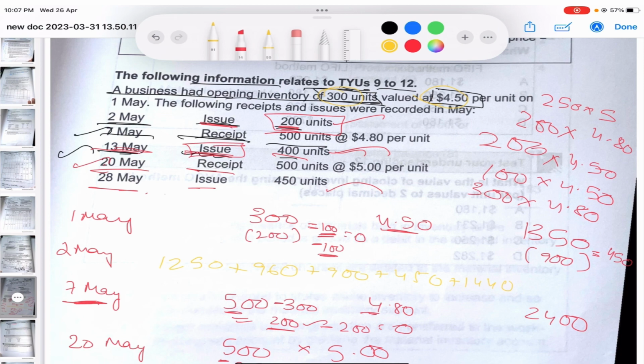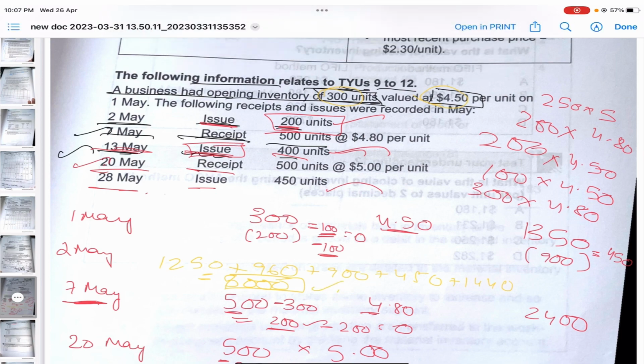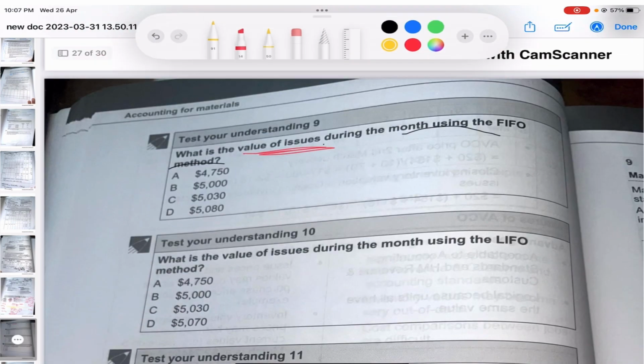Adding all this, I'm going to get 50 plus 900 plus 960 plus 1250. That's giving me 5,000. So my issues price is going to be 5,000. Let's see if it's in the options. Right, so my answer is B.